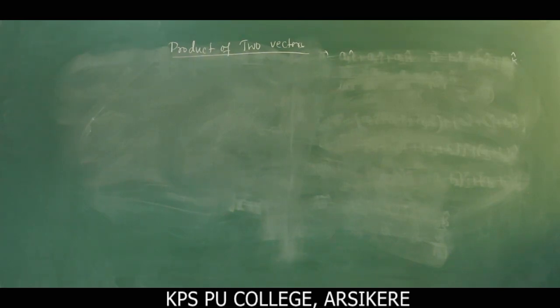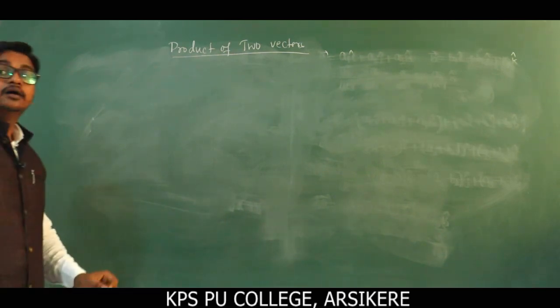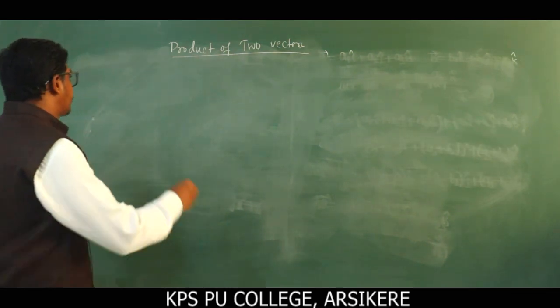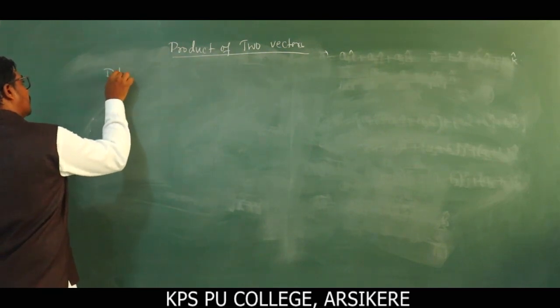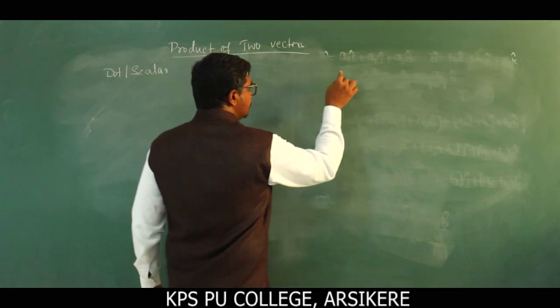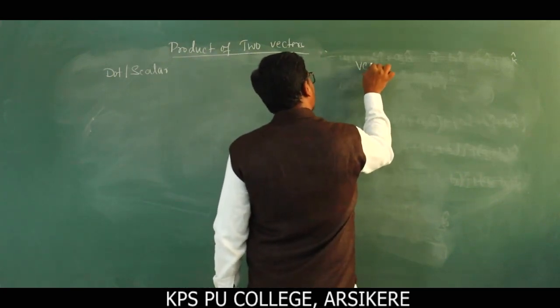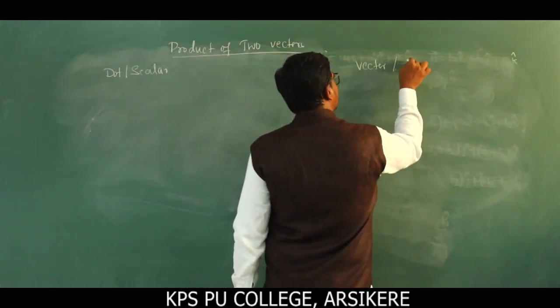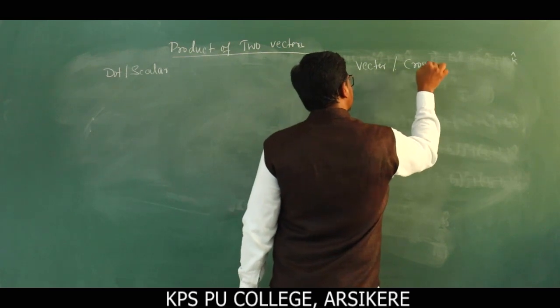One is scalar product. Scalar product is also called dot product, and another one is vector product or cross product. Here dot product or scalar product, and here we have vector product or cross product.